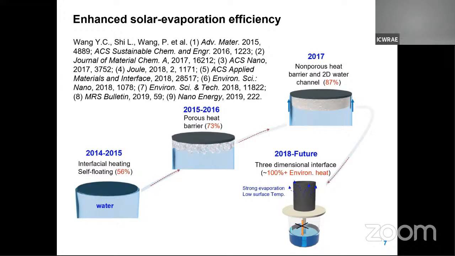In that case, the efficiency could be as high as 87%. In 2018, there were a few three-dimensional structures that were able to deliver an almost perfect solar evaporation energy efficiency, close to 100%.